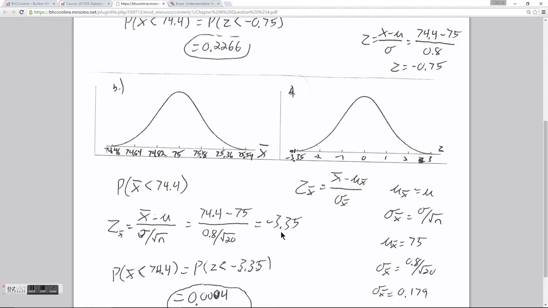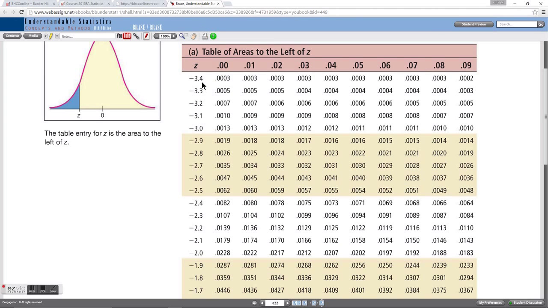This gives me a Z value of negative 3.35 in this problem. That is way down here on the left side of my range. The amount of area under the curve to the left of that Z value is essentially nothing. If I look up negative 3.35 on my normal table, I get an area of 0.0004.